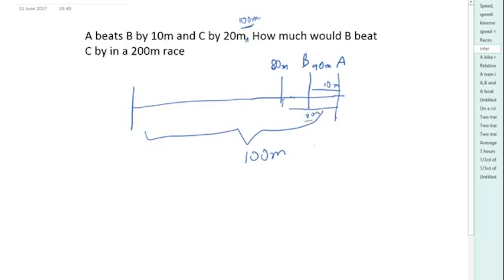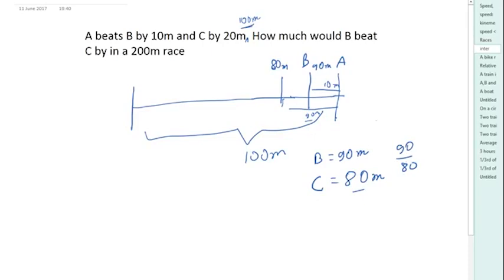So from this, what we know is the time that B takes to go for 90 meters is the same time that C takes to go for 80 meters, right? Now we have to find the distance by which B would beat C in a 200-meter race. The ratio here is 90 is to 80, so you just need to extrapolate that to 200 meters to get the answer.